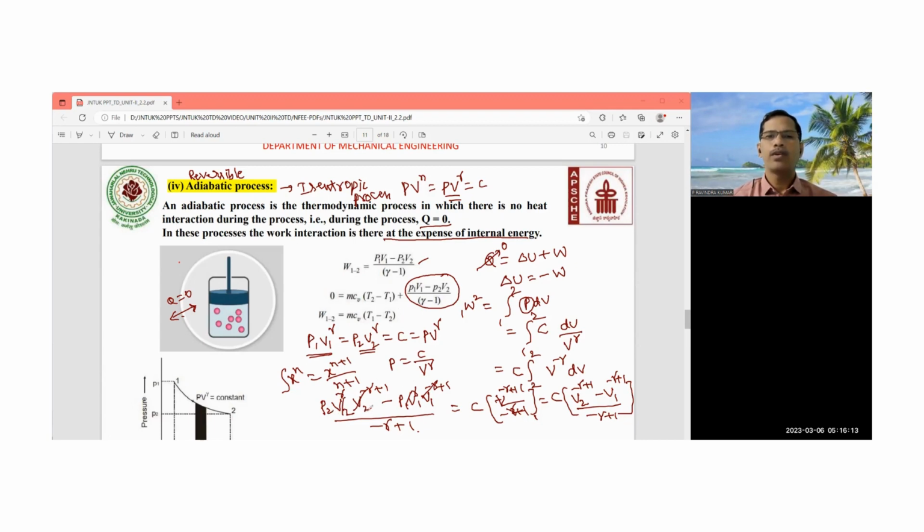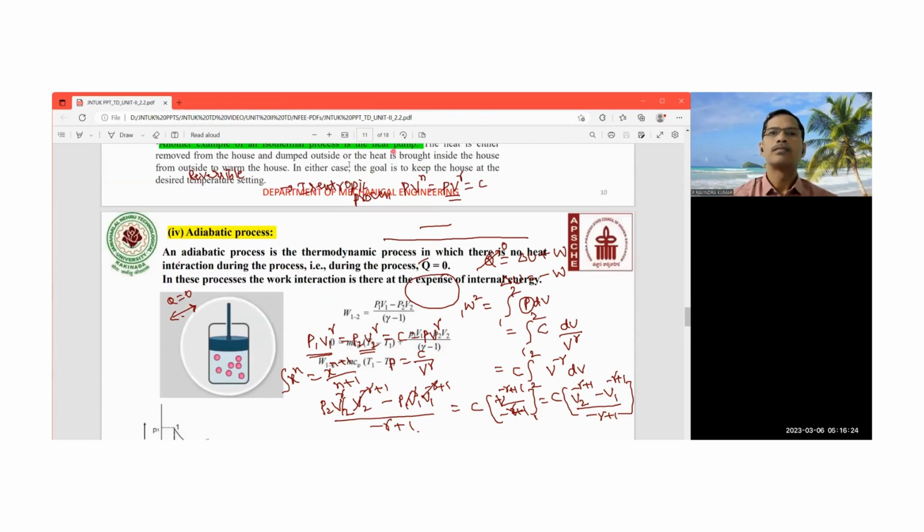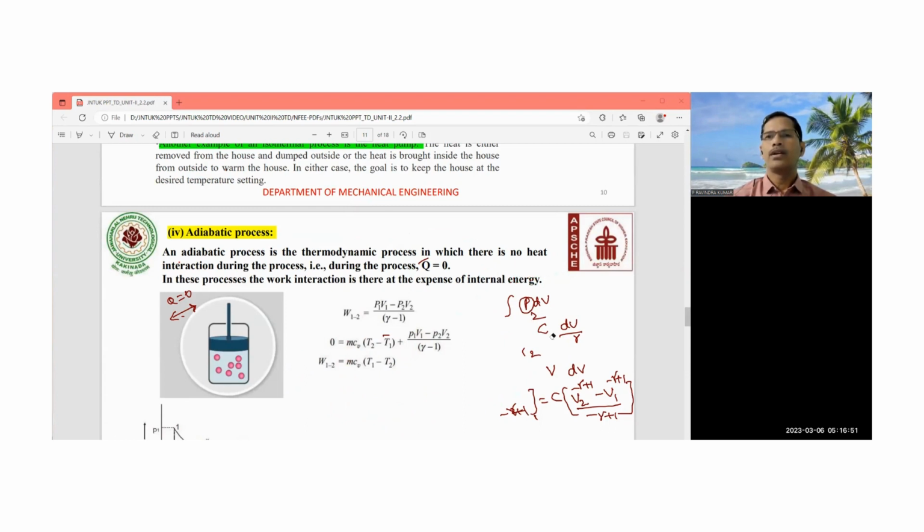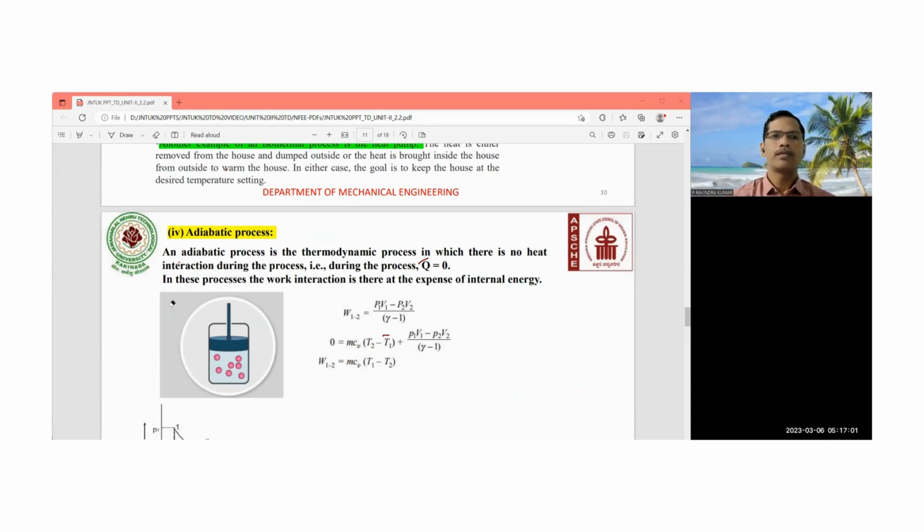So here it is P2 V2 minus. When we solve this particular expression, finally you will get the work transfer relation as P1 V1 minus P2 V2 by gamma minus 1.